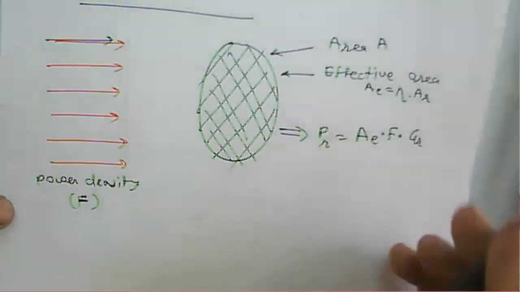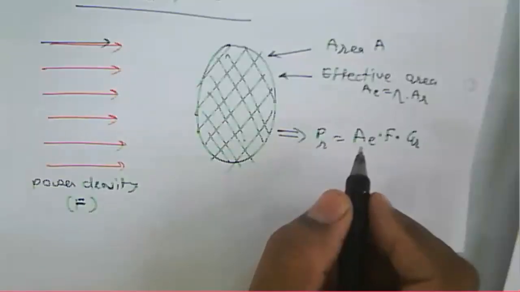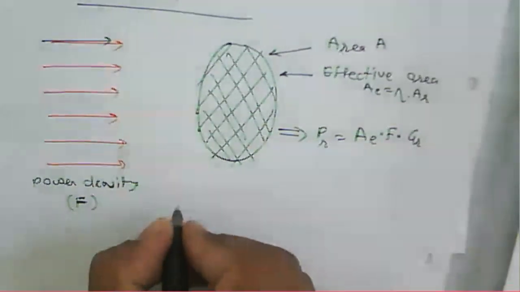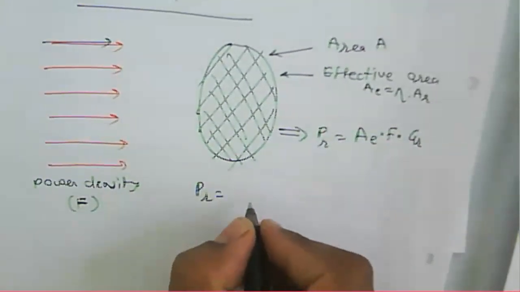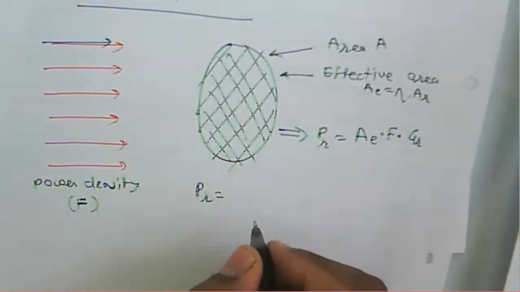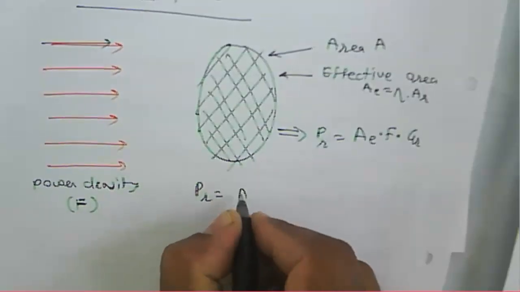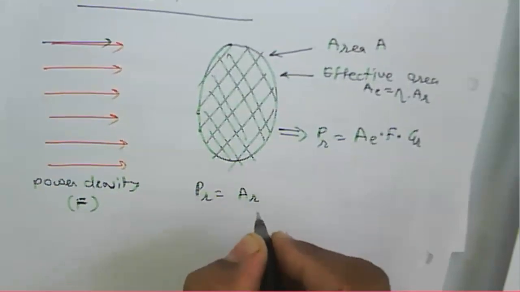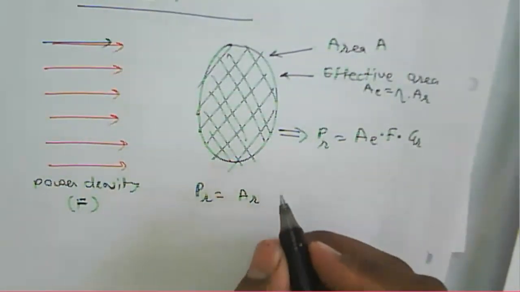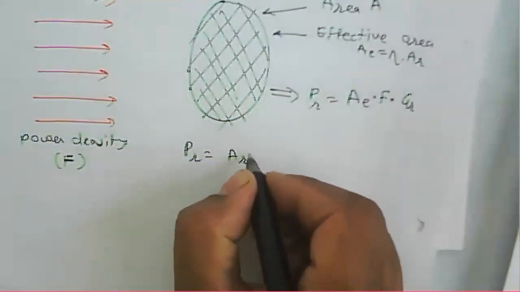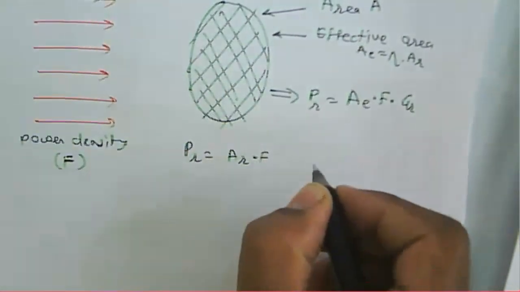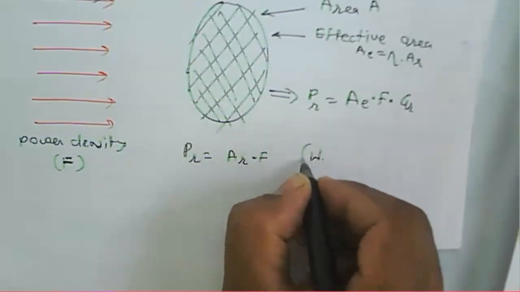So generally we say the power received depends upon how much the power flux density is and what the effective area of this receiving antenna is. Generally we say AR into F, that will be in watts.